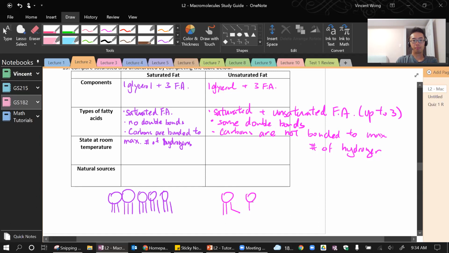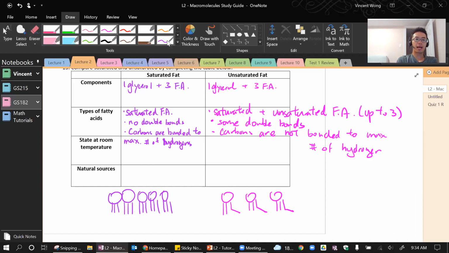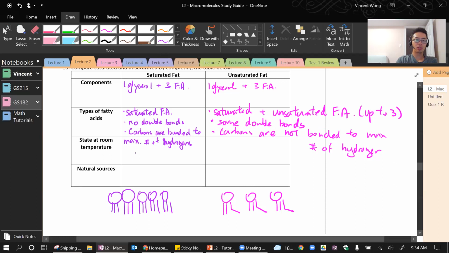Because of the kink, the molecules will be further apart. If it's really packed, then at room temperature this stuff is going to be solid, like butter. Butter is solid at room temperature. Unsaturated fat, on the other hand, is going to be liquid because the molecules don't pack well together.